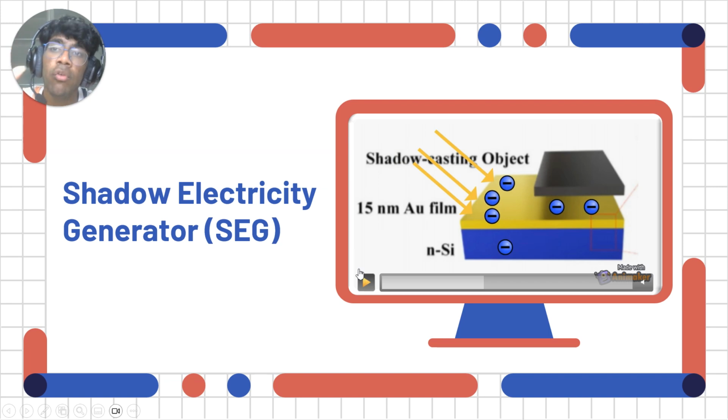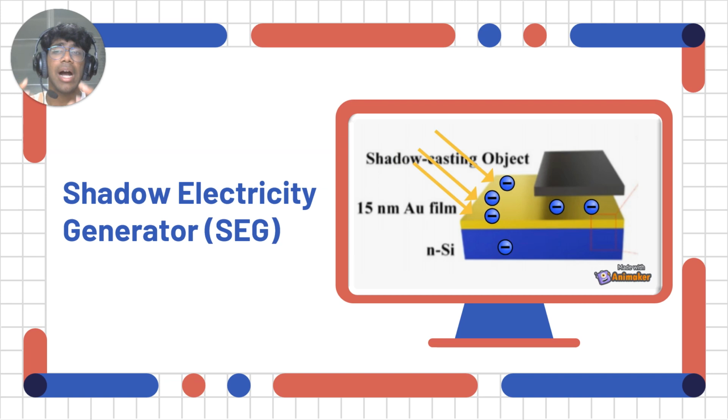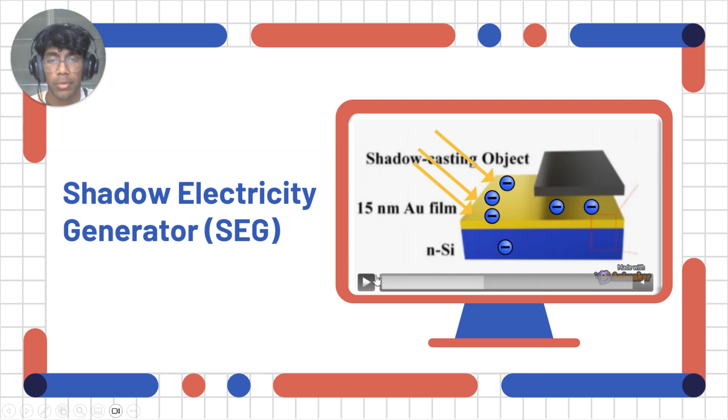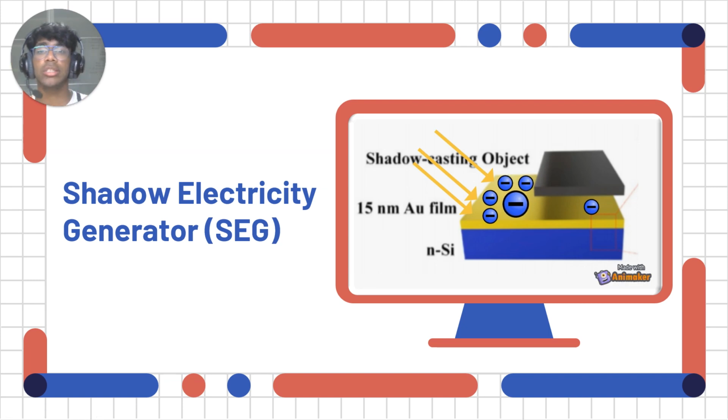Due to this, electrons move and become concentrated on the side where sunlight is incident. Due to this, there's a difference between the number of electrons in the non-shadow area and the shadow area. Current starts flowing, and this is essentially what we aim to harness: the difference in electrons due to which current flows.